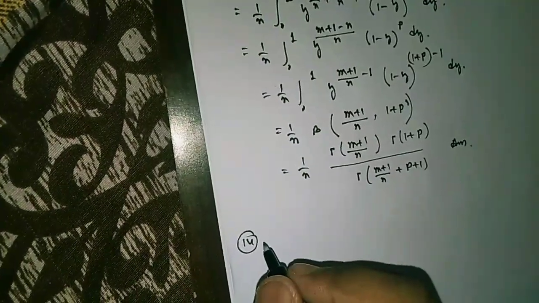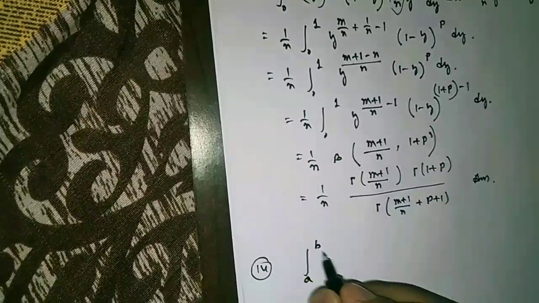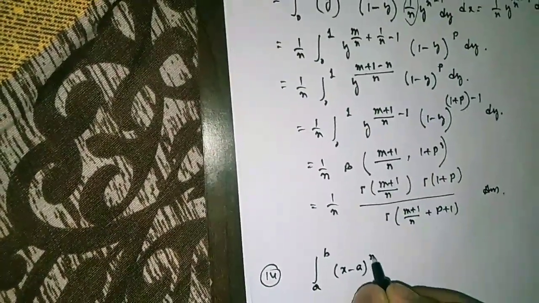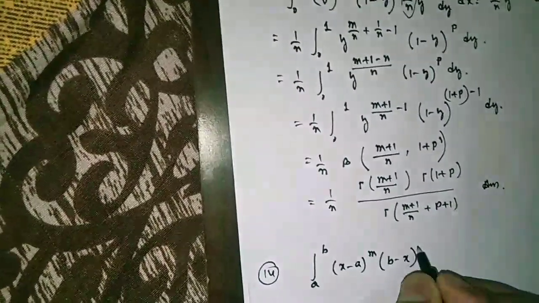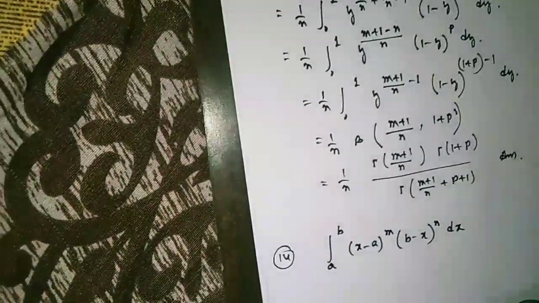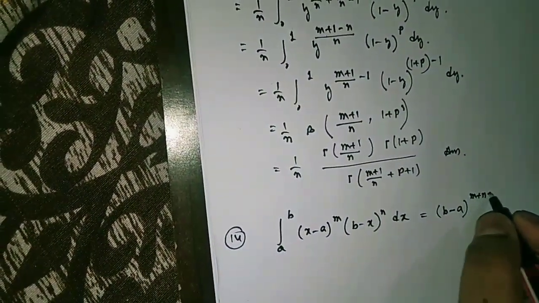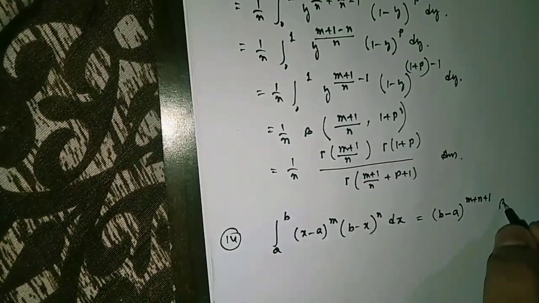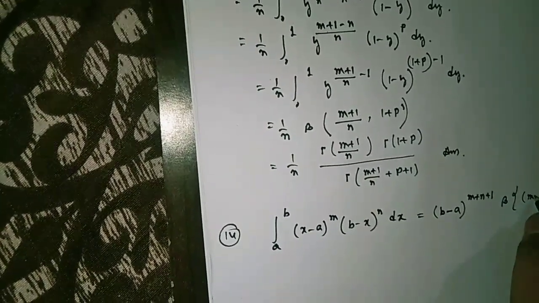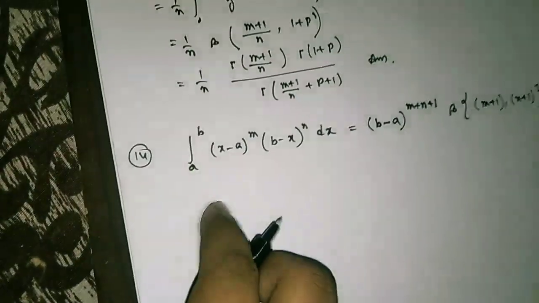Here it is given that the LHS term equals the integration from a to b of (x minus a) whole to the power m (b minus x) whole to the power n dx. I have to prove this term is equal to (b minus a) whole to the power m plus n plus 1 into beta of (m plus 1) comma (n plus 1). Okay, verified. Now I am going to solve.